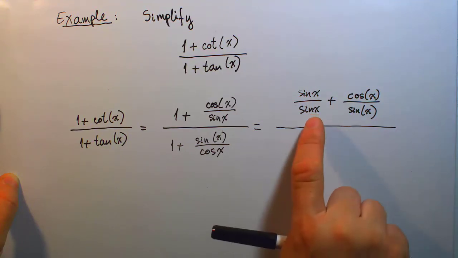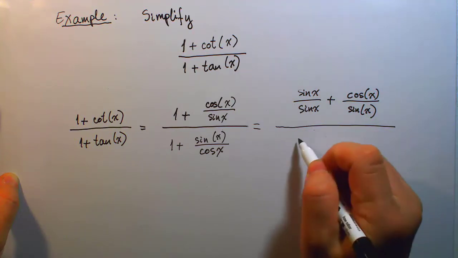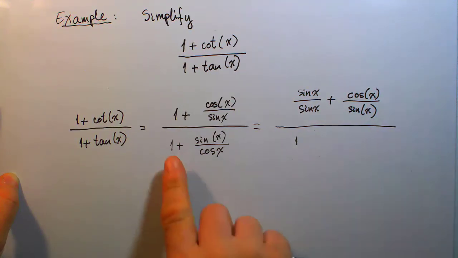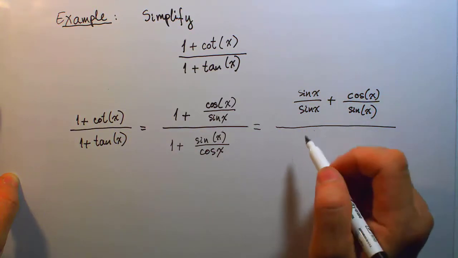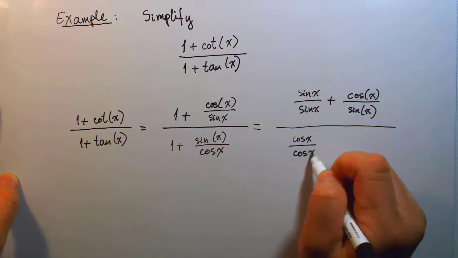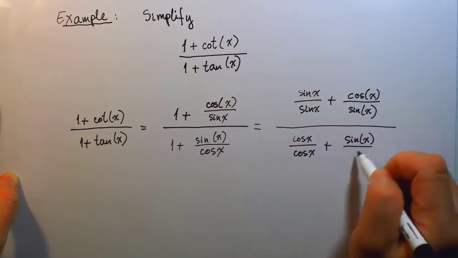Hopefully I'm reminding somebody about some general skill of how to make a common denominator. And here in the denominator, my term 1 can also be made into cosine of x over cosine of x, plus sine of x over cosine of x.